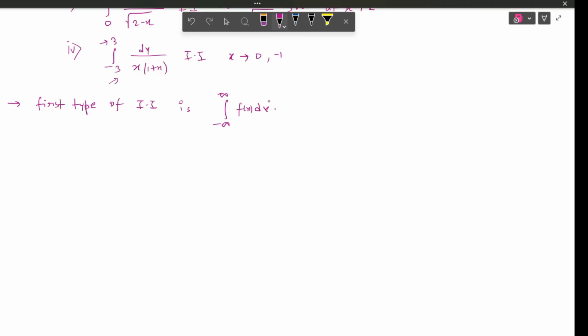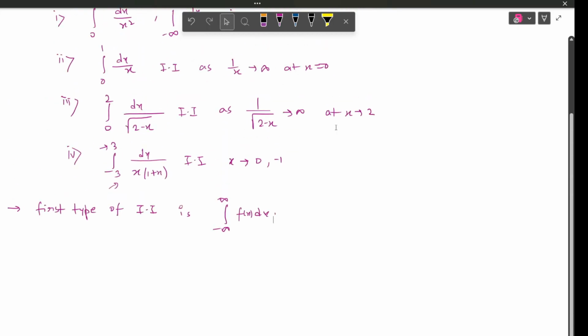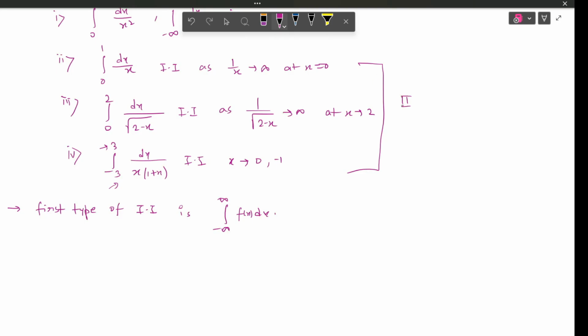Now the examples 2, 3 and 4 are examples of the second type of improper integral.